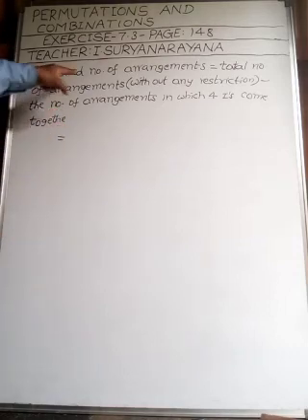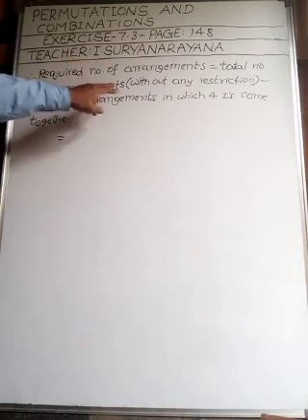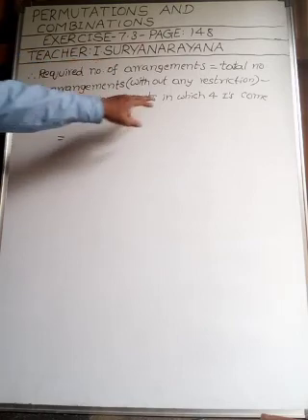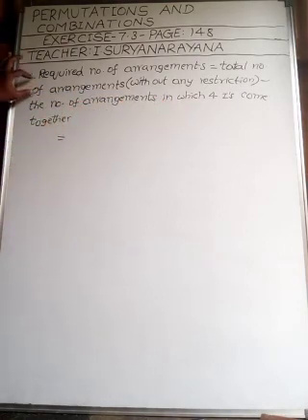Okay, my children, understood this step. Therefore, the required number of arrangements is equal to the total number of arrangements minus the number of arrangements in which 4 i's come together. What is the total number of arrangements?